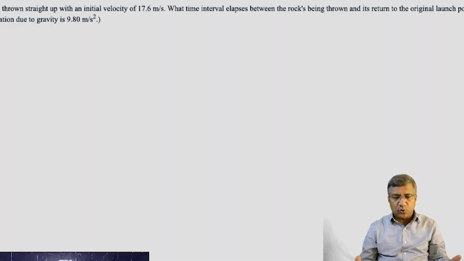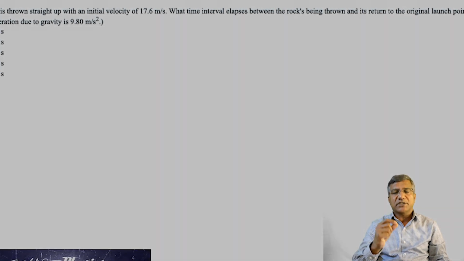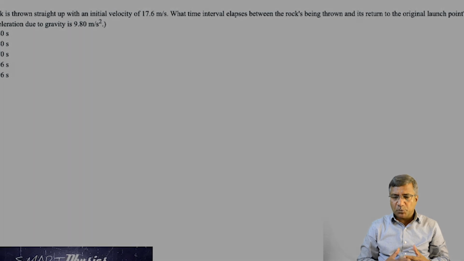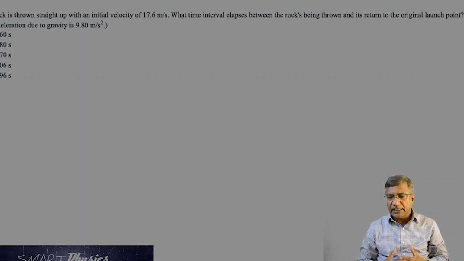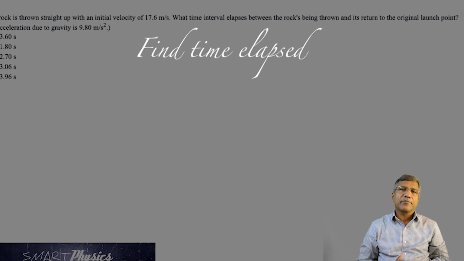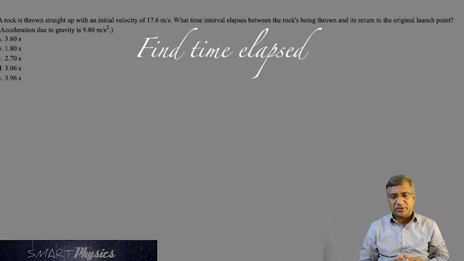A rock is thrown straight up with an initial velocity of 17.6 meters per second. What time interval elapses between the rocks being thrown and its return to the original launch point? Acceleration due to gravity is 9.80 meter per second squared.